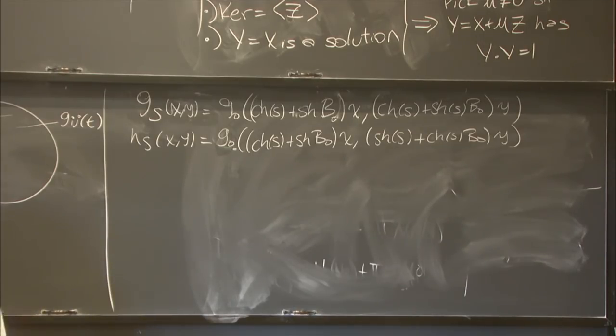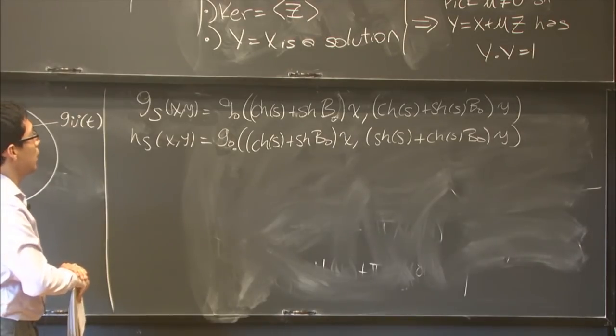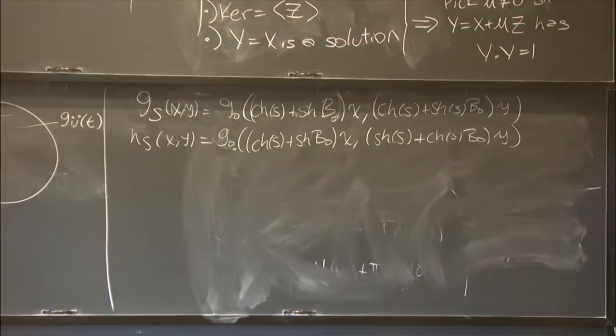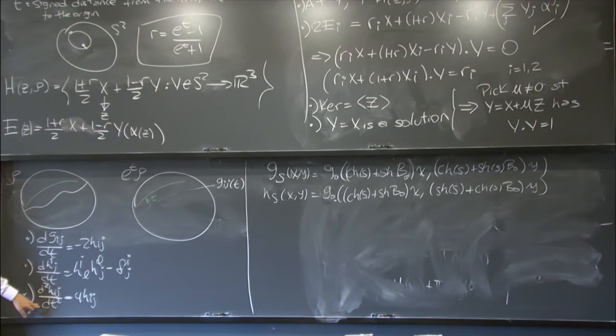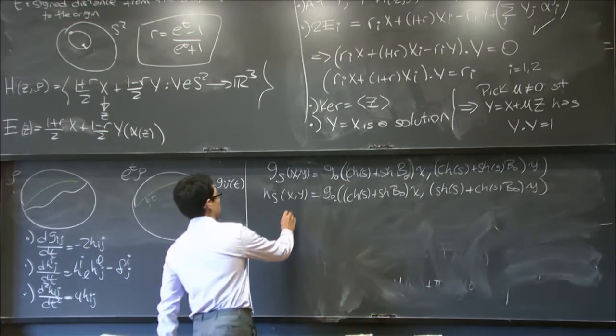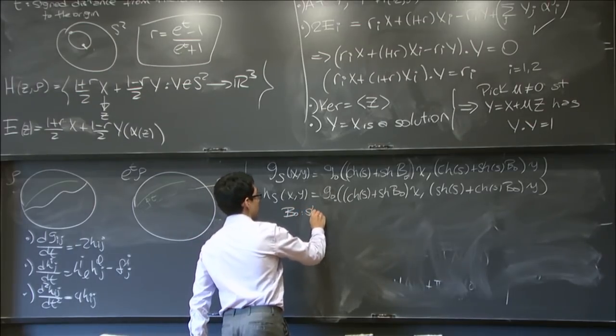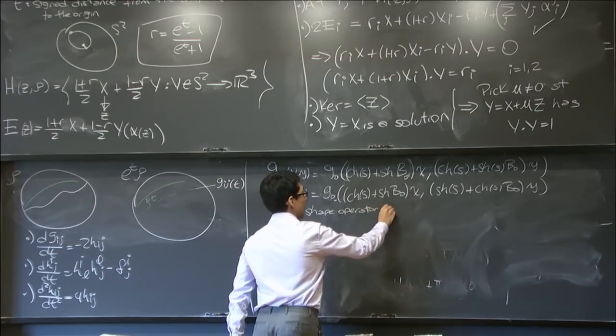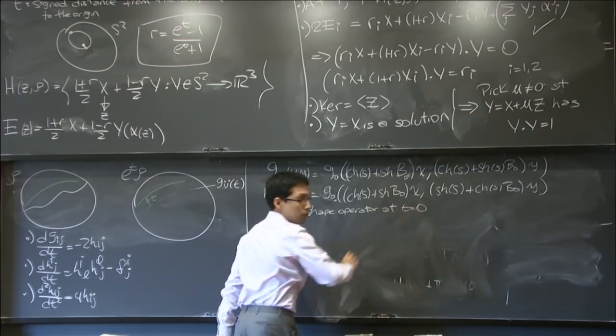So again, you should see these formulas and the reason for these hyperbolic sines and cosines appearing, because those are more or less the two general functions that will solve this differential equation up here. What is B0? B0 is just the shape operator initially, at time equal to 0.